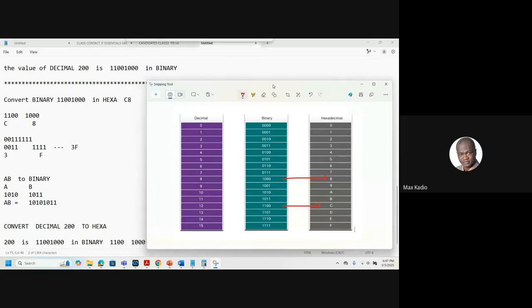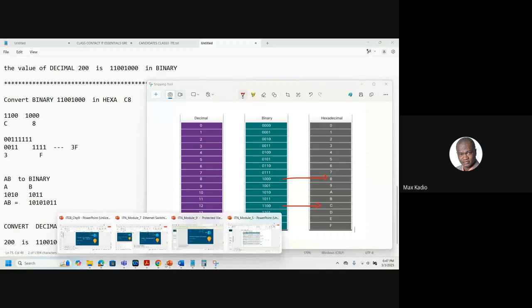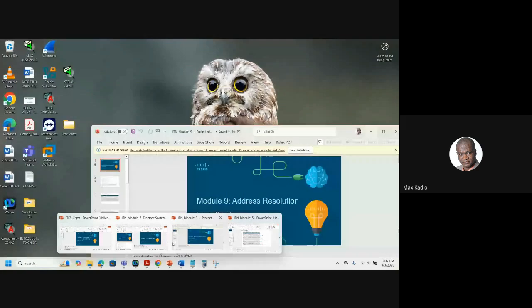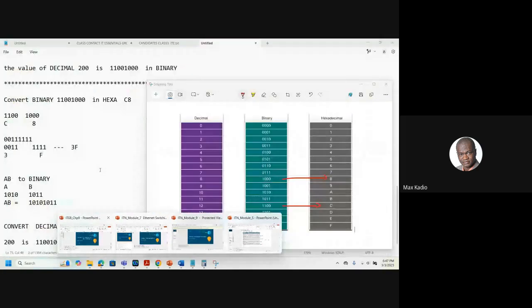So that's all for today. Normally, I should have done the ARP, but I'll stop here for today. Wednesday, it might be a bit longer, and Saturday, we'll see.